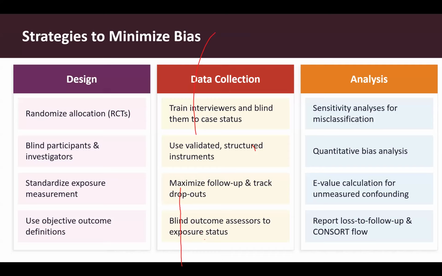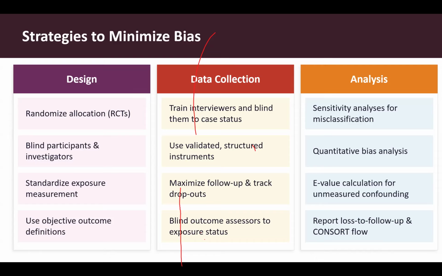So strategies to minimize bias: we have design, data collection and analysis. In design, we have randomized allocation, blind participants and investigators, also known as double blinding, then standardized exposure measurement and use of objective outcome definition. For data collection, it includes training interviewers and blinding them to case status, using validated structured instruments, maximizing follow-up and tracking dropouts, and blinding outcome assessors to exposure status.